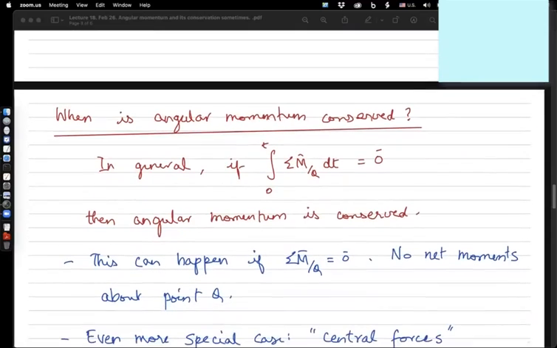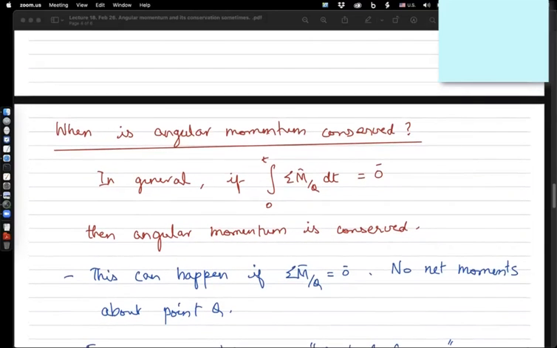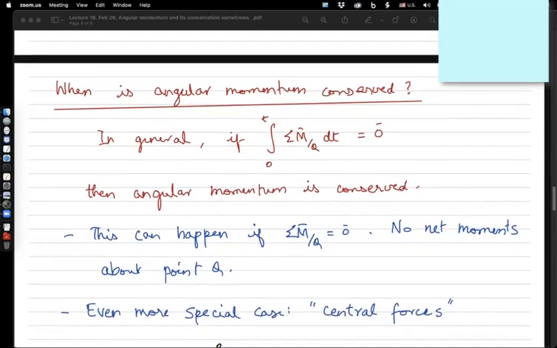This can happen a couple of different ways. It can happen if the moments are equal to 0 identically, right? So there are no moments on the system, or well, maybe there are no forces on the system, first of all. If there are no forces, there are no moments, unless there are point moments, which I guess we're not considering yet. But if there are no net moments about point Q, well, the integral of the 0 is going to be 0.